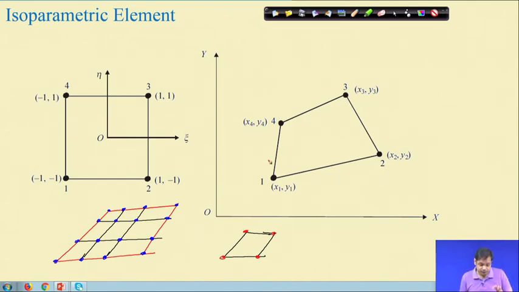So, we can define a parametric space like this, and then we have an actual element like this, and then we can map between the two spaces. We approximate the field variables over the parametric coordinates xi and eta, find a relation between xi, eta and x, y through a map, do the approximation and integration on this element, and preserve this map to get the final stiffness matrix of this element.